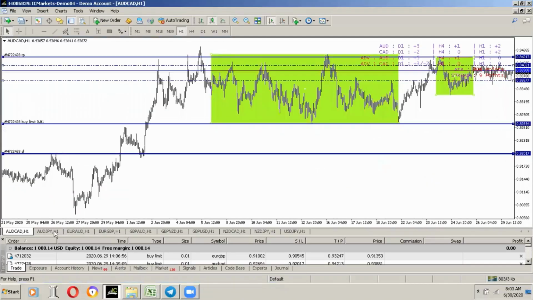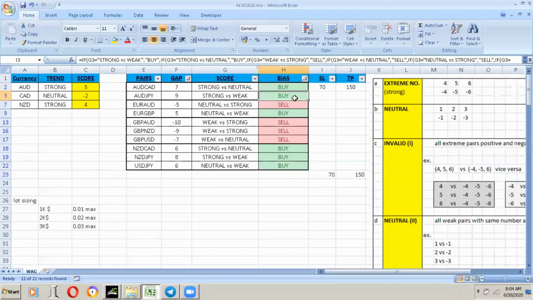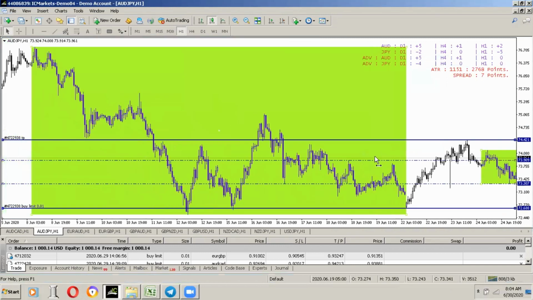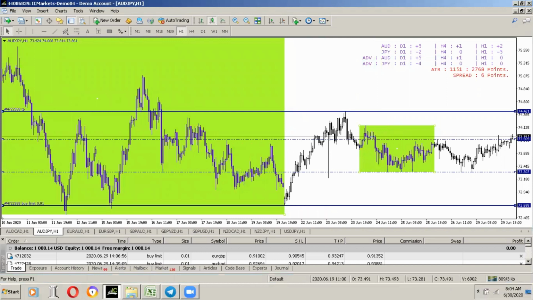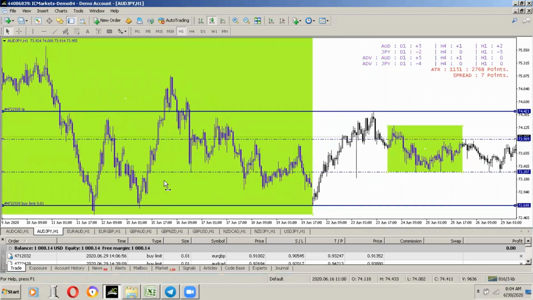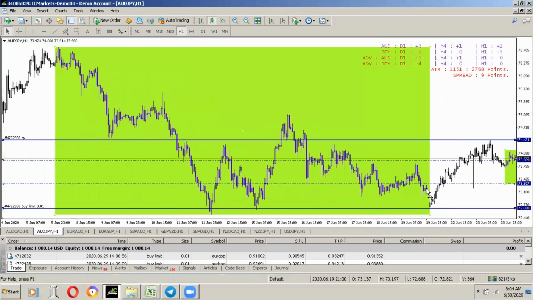Next, we have OJPY. So for OJPY, again, we have a buy bias. So for this one, since the price is already here, I'll wait again in this area. It has also retested three times in this area.